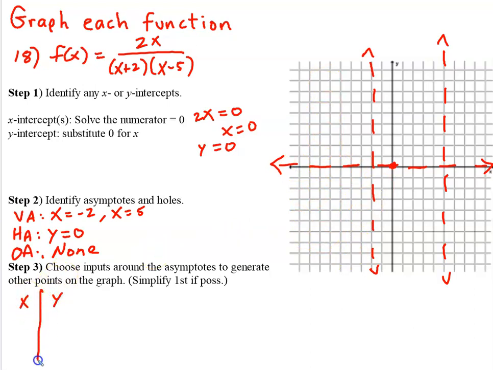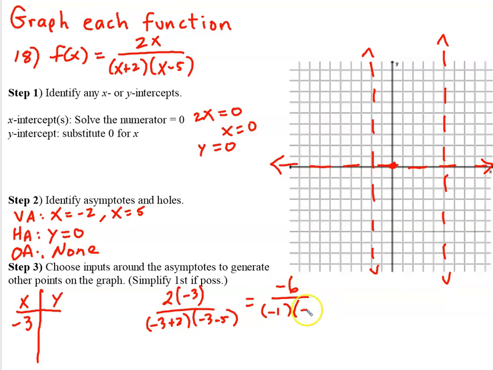So do a table of values, and we'll do an input of -3. So if I input -3, we'll just do a little math here, see what comes out. All right, so that's -6 over -1 times -8. So it's -6 over 8, which reduces to -3/4.